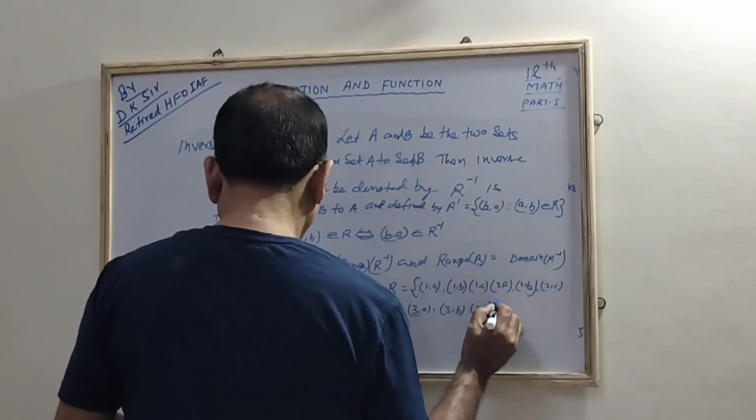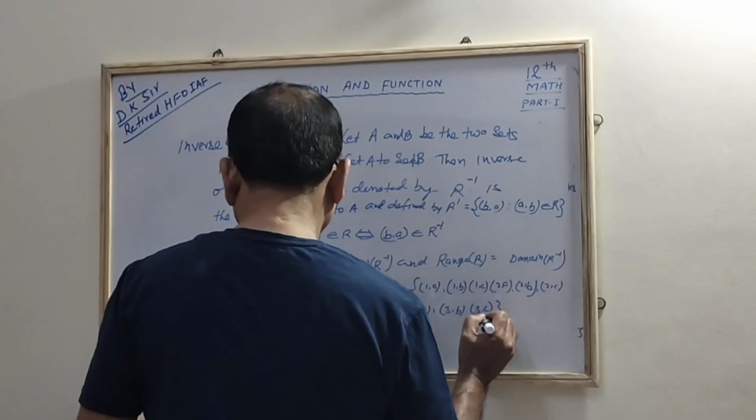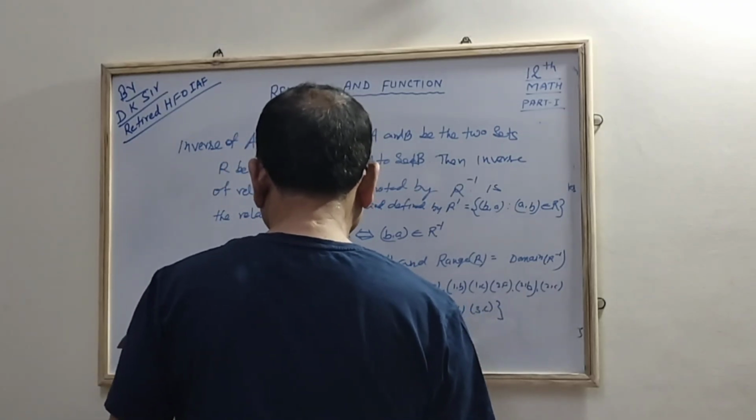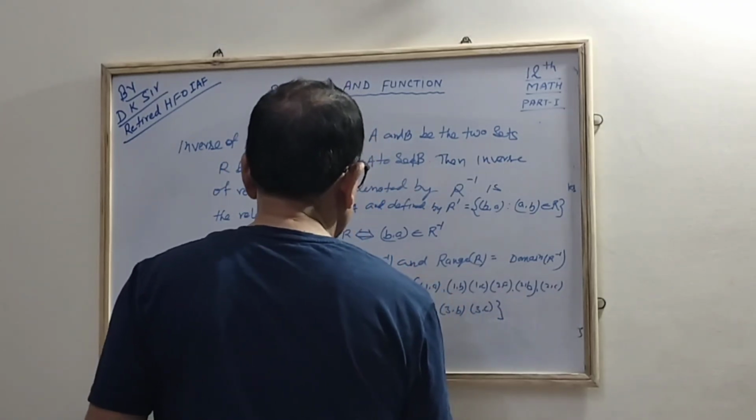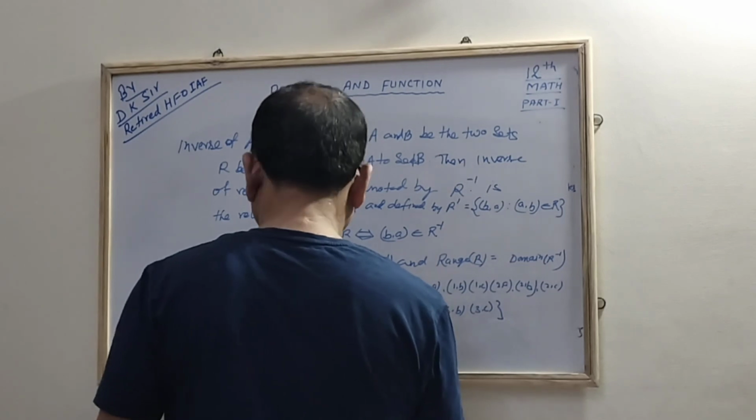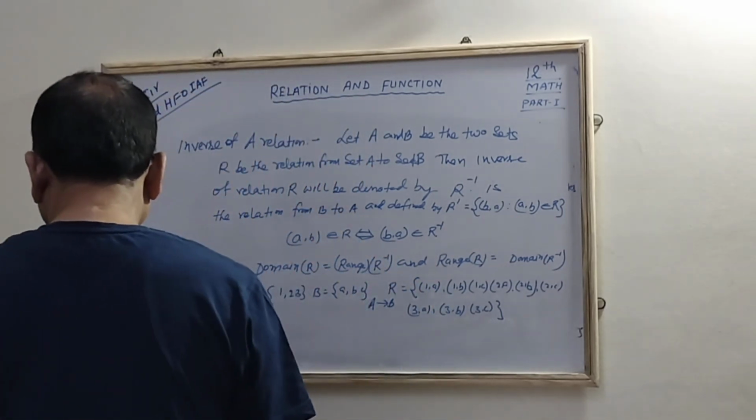Correct? This is the relation from A to B. Understood? So these are the ordered pairs.